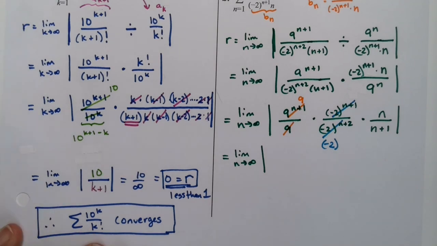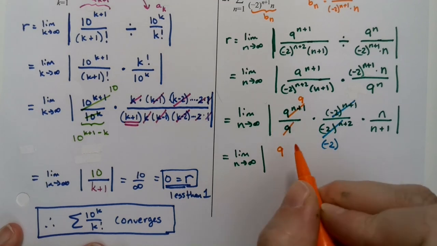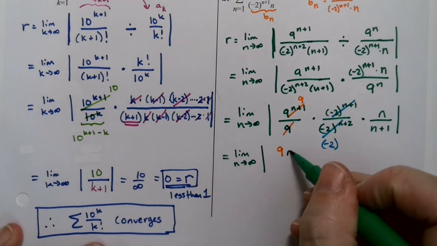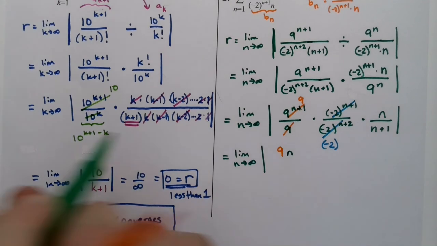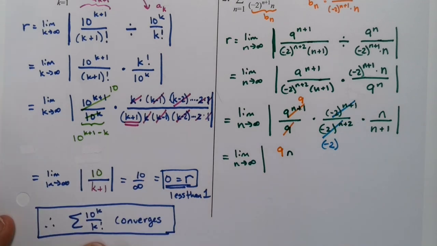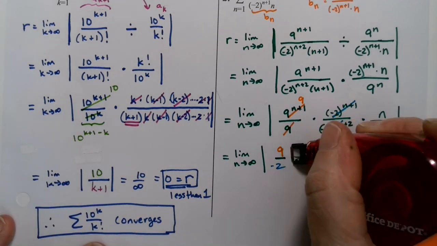So that means that we're going to have the limit of the absolute value of, well, let me do it this way, 9 over negative 2 times n over n plus 1.